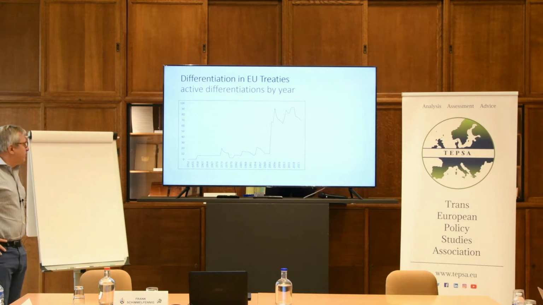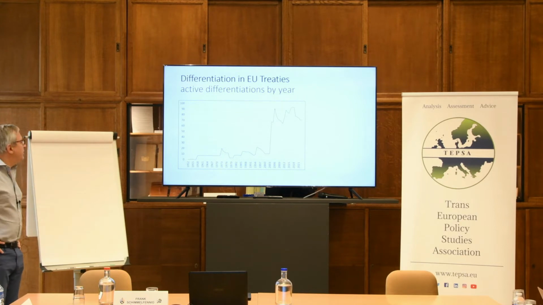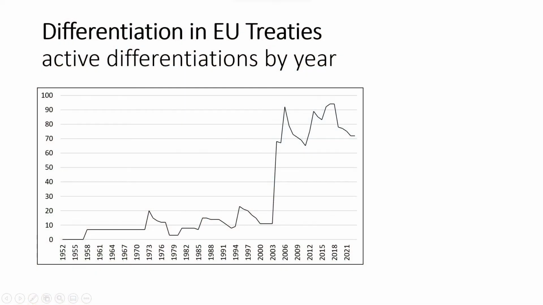Okay, so let's start with a very simple count, which is basically the number of differentiated treaty articles in EU treaties by year. So what do you see there? Beyond a strange line, you can see where the Big Bang enlargement happened.